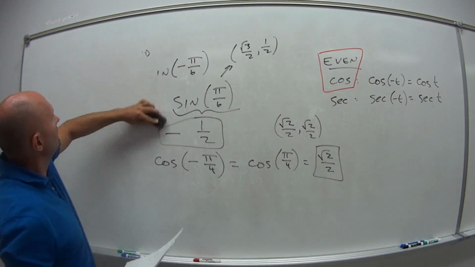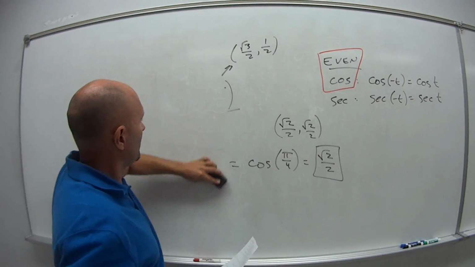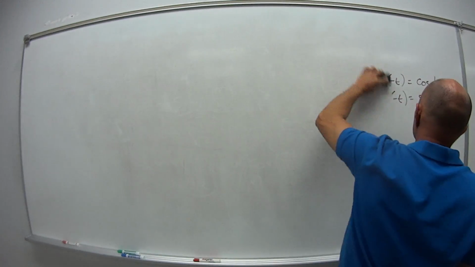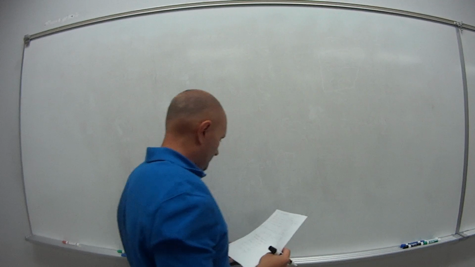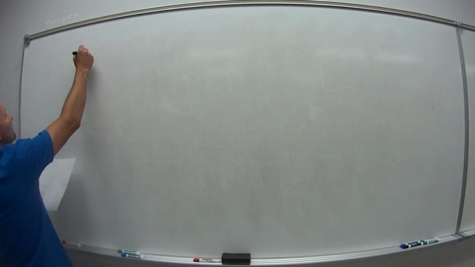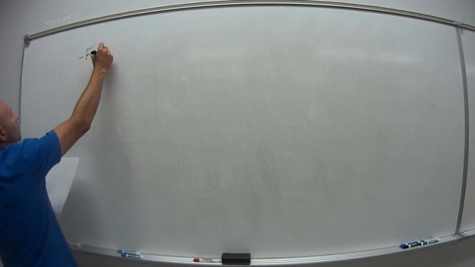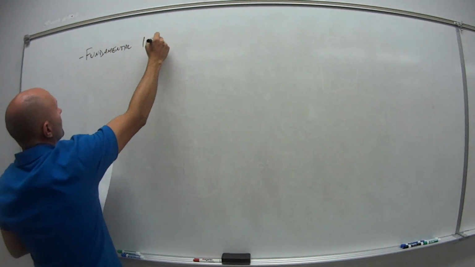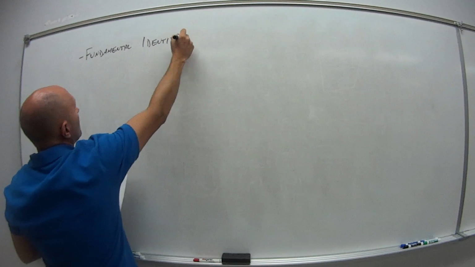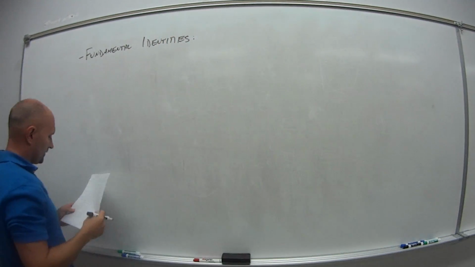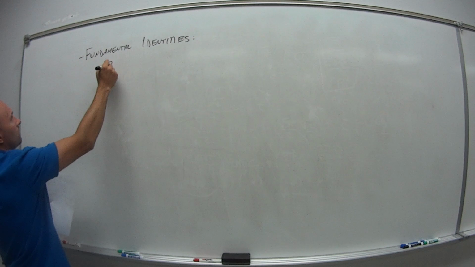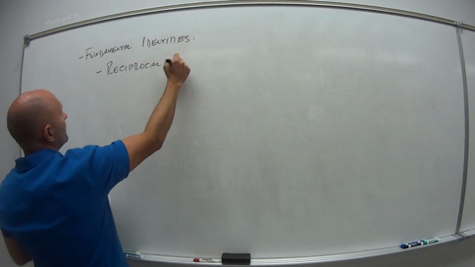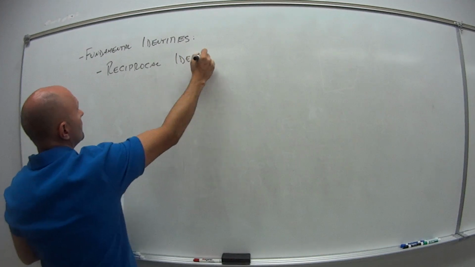And then lastly, for video 1 of section 5.2 is our fundamental identities. Specifically, the first one we're going to look at is the reciprocal identities.